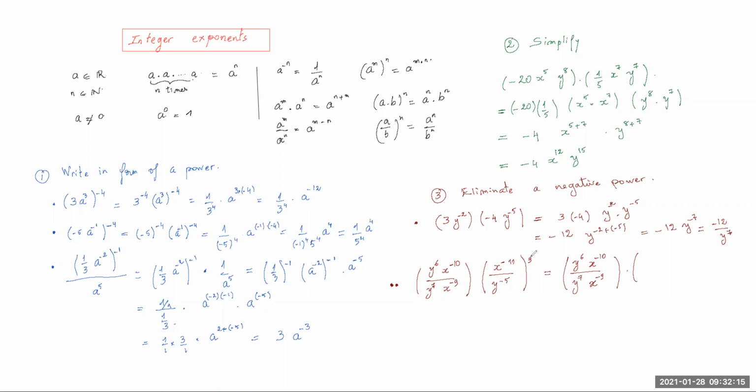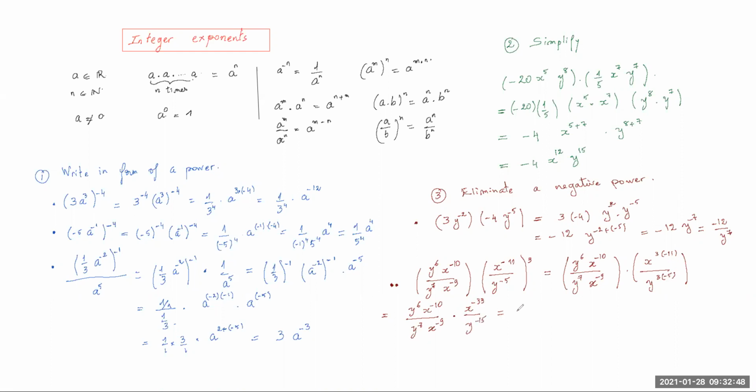So I will have x power 3 times minus 11 over y 3 times minus 5. Finally I will have the fraction y power 6 x minus 10 over y power 7 x minus 9 times x power minus 33 over y power minus 15.